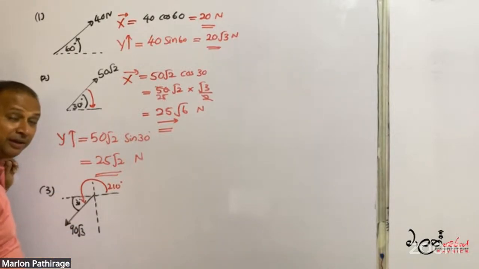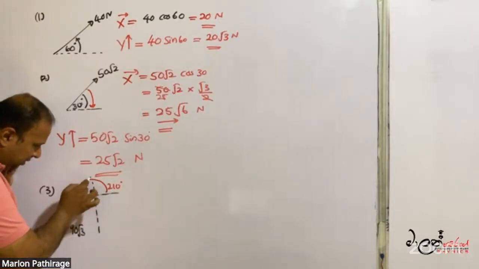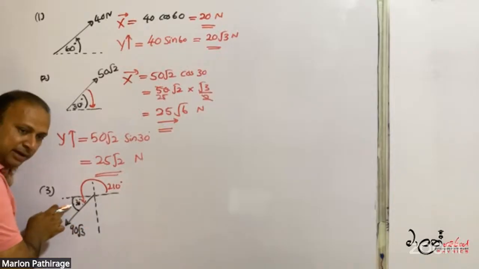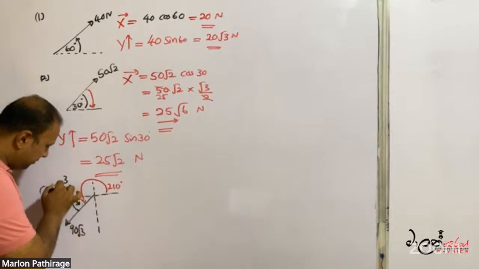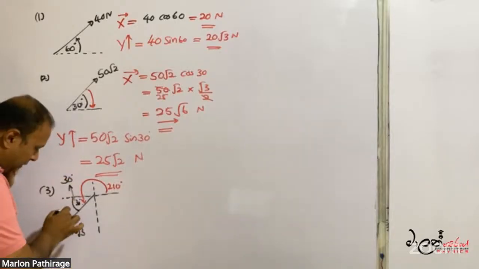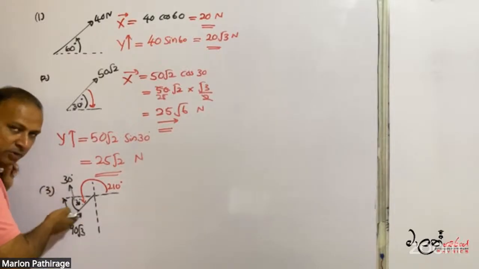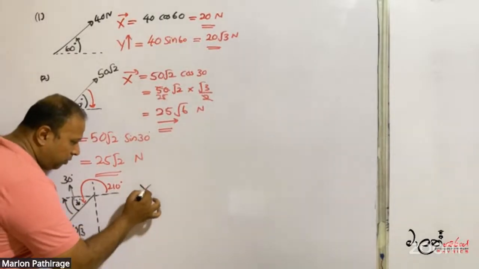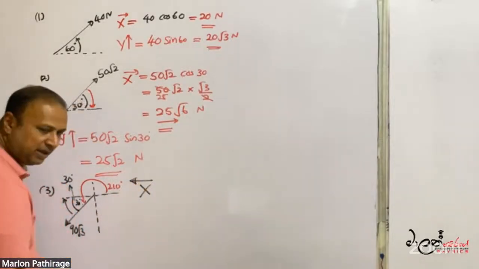So if this one is 210, this angle should be 30. Therefore, you have to resolve into the direction of angle to get the x component. Now, the direction of x component is to this side, left hand side.